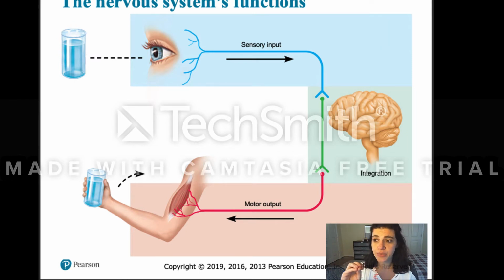And then there is an integration that is made by this green. So what are these? These are all neurons. So this is a sensory neuron. This is an integration neuron, or interneuron. And then the motor output. Motor is always an action, right? The motor output is going to be to go and get the cup. So it's an innervation from your brain down to your spinal cord, through your arm to the biceps muscle.